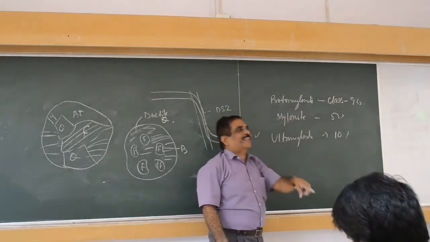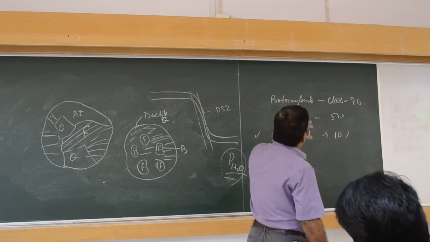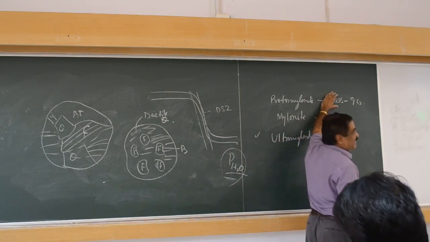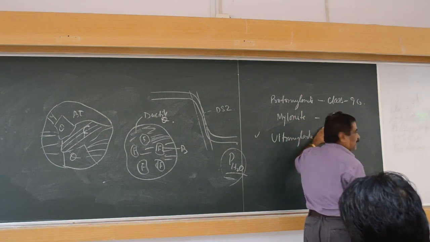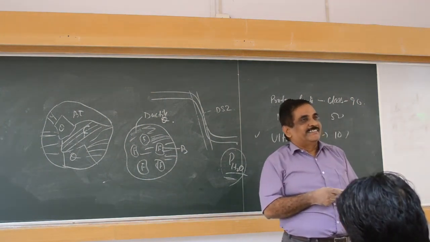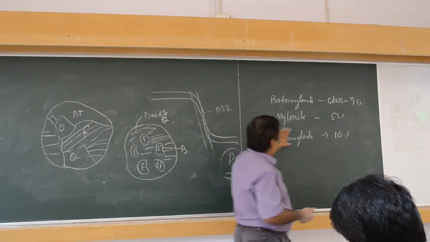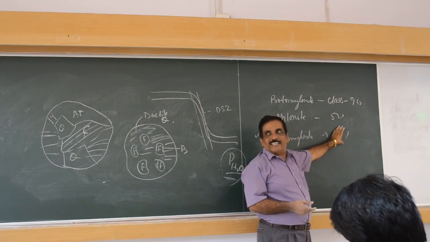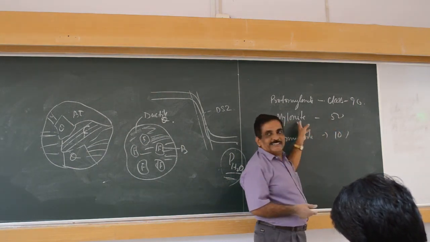Clasts are made of feldspar. They are brittle. So if clasts are many, then it is a protomylonite. If clasts are very few, that means feldspar is becoming more and more ductile, and it becomes ultramylonite. If there is an intermediate number of clasts, it is a mylonite.